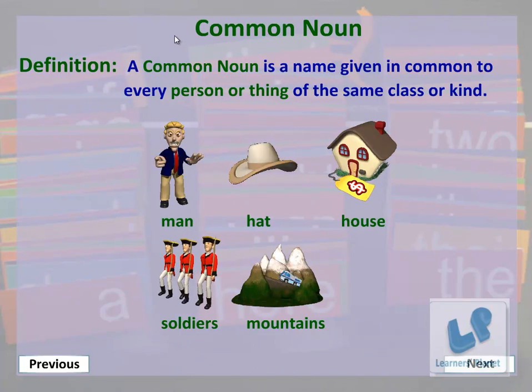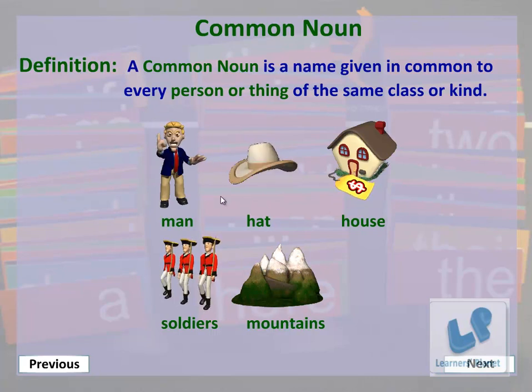The next one is common noun. The definition of common noun is: a common noun is a name given in common to every person or thing of the same class or kind. Now let's see these examples.